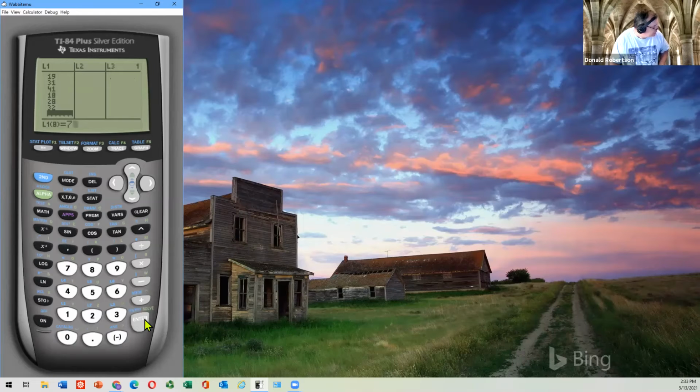Somebody threw in one of their kids. Then there was a 29. Somebody threw in their kid. Oops. Do that again. 29. Then the other kid, the other 7-year-old. A 48 and a 19.